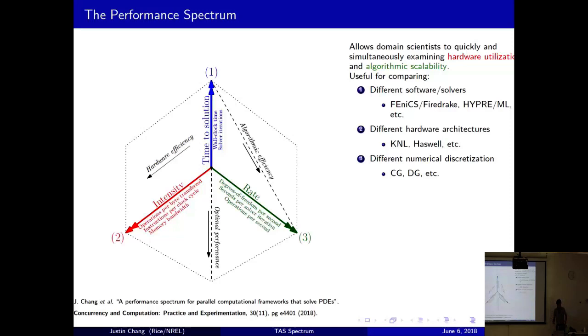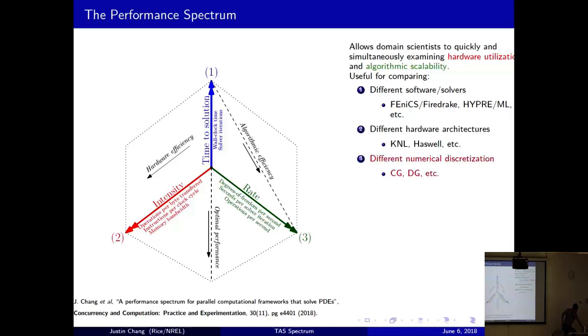They're both finite element packages. There's also various implementations of the multigrid solvers. And also there's many hardware architectures out there, like you have the KNL and then the typical Xeons. And then the last thing is we want to also look at different numerical discretizations, like the Galerkin method versus the discontinuous Galerkin method.